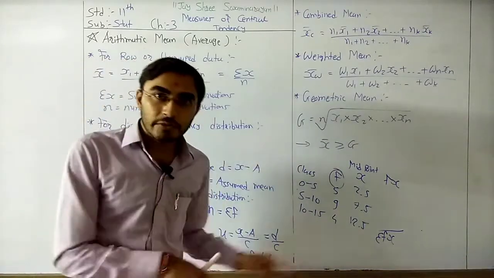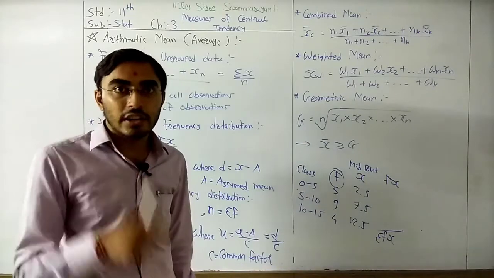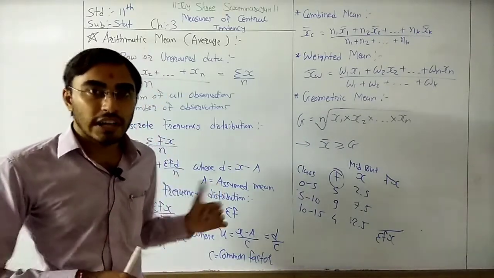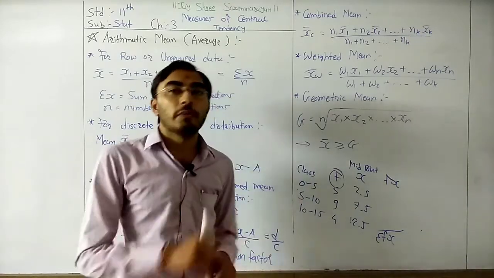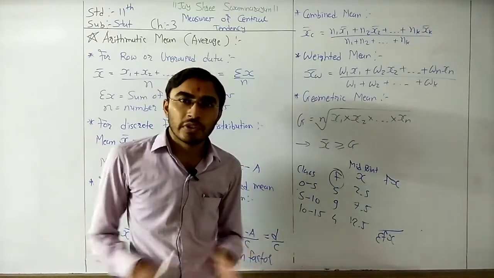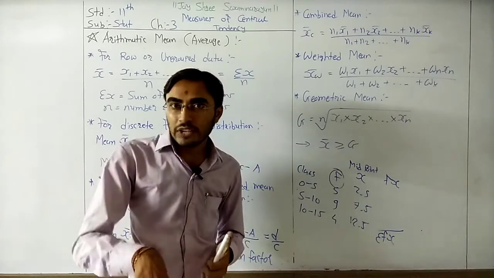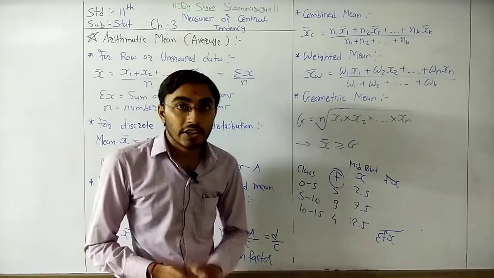In standard 10, in place of c you would take h, right? That h is not necessarily your class length, but it is a common factor. In standard 10, in all the questions the class lengths of all the classes are the same.